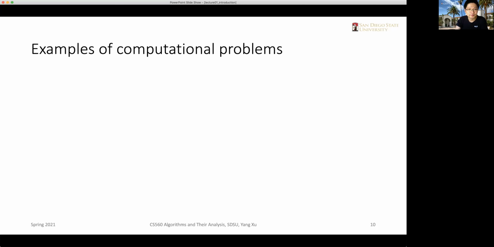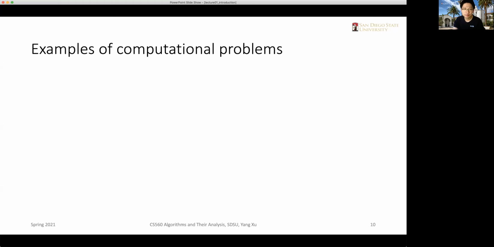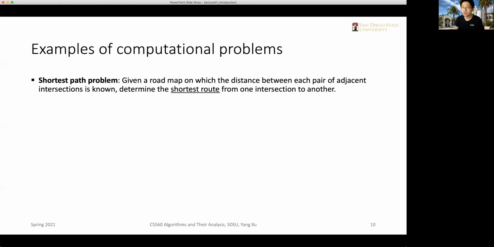After these slides, we have basically introduced the real world problems that can be solved by different types of algorithms. Then let's look at some examples of algorithms which we will cover in this course. The first one is the shortest path problem.